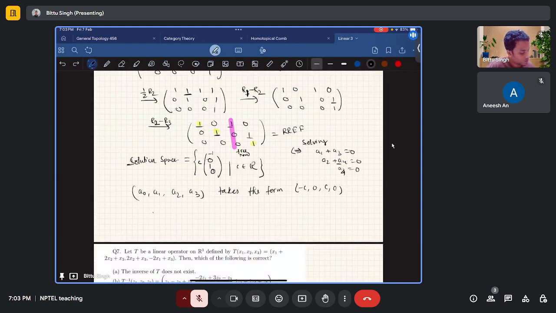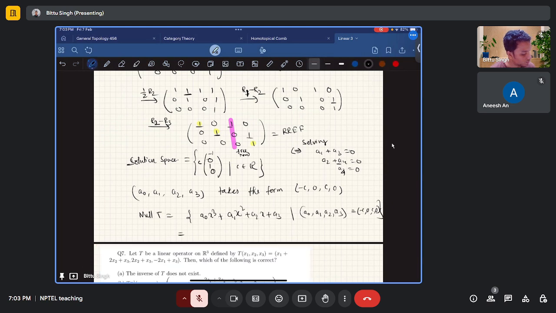So the null space of T is all a0 x cube plus a1 x square plus a2 x plus a3, such that a0, a1, a2, a3 are real numbers, which is the same as minus c, 0, c, 0. Therefore, it is clear that the null space will take this form.